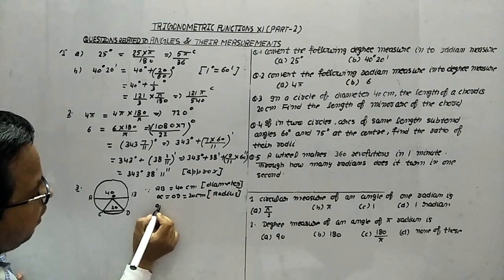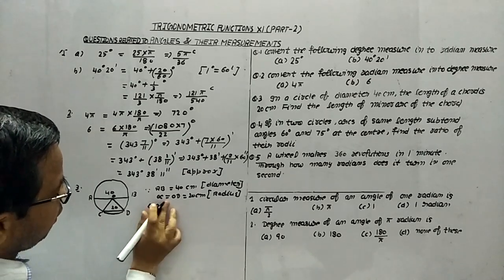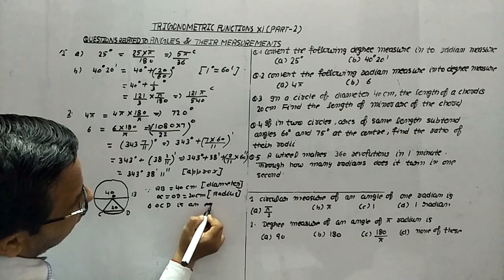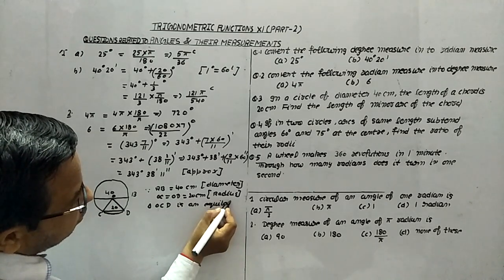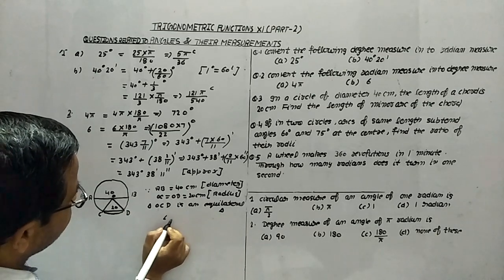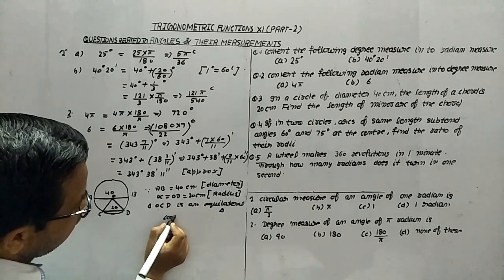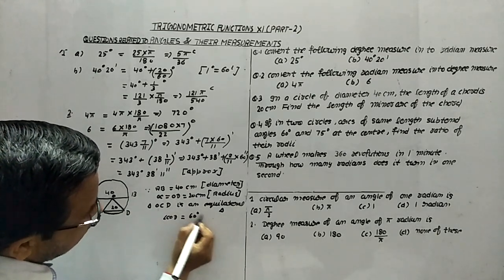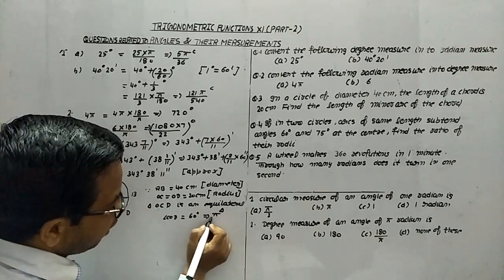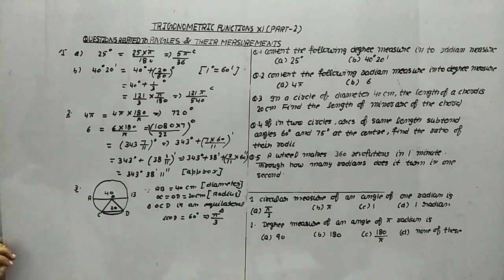Therefore this triangle OCD is an equilateral triangle. And now once this is an equilateral triangle, each angle of this, it means angle COD, is equal to 60 degrees. Convert into radian, it will provide you pi by 3.